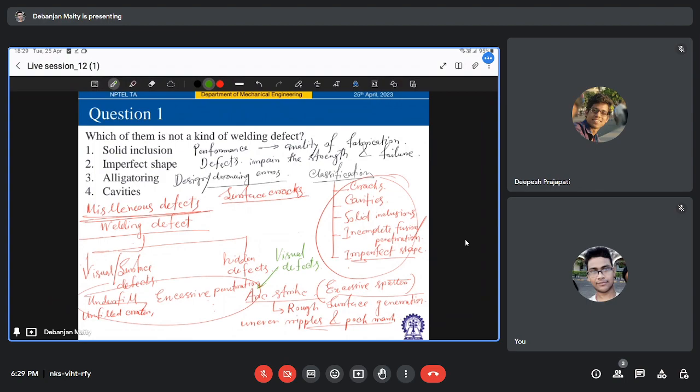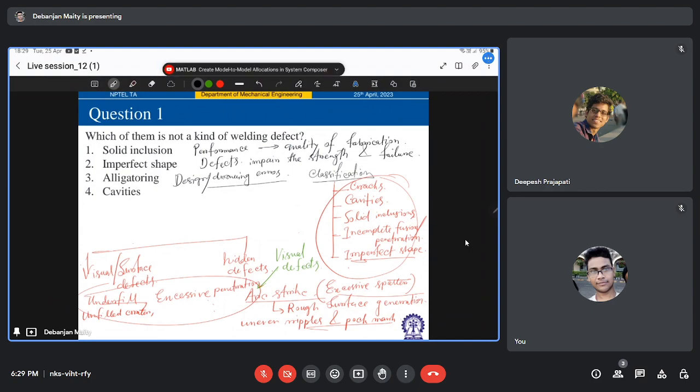Now if you talk about hidden or subsurface defects, what can we have in terms of hidden defects? So in terms of hidden defects, you can have this lack of fusion. So you cannot see visibly from outside, right? So lack of fusion or lack of penetration.